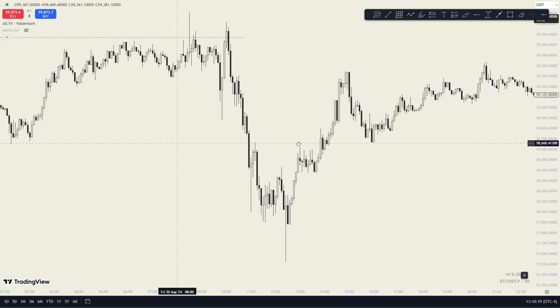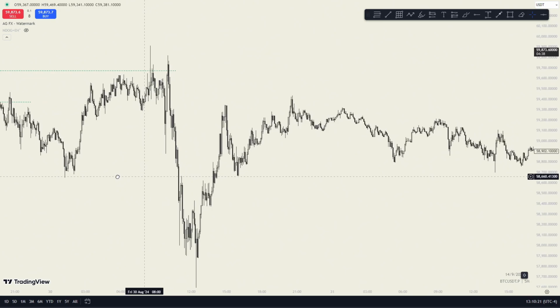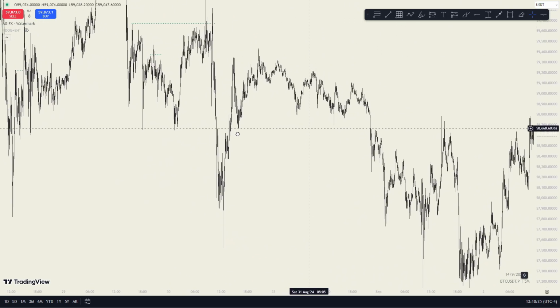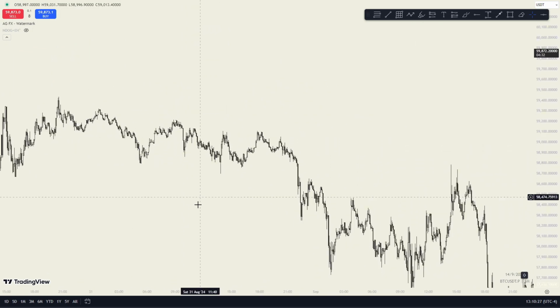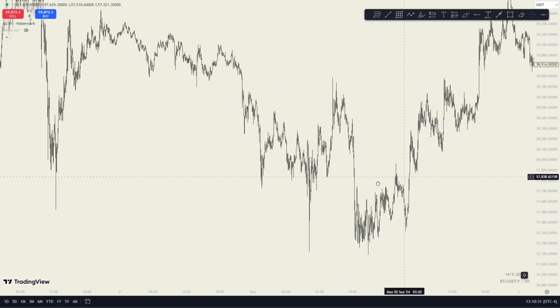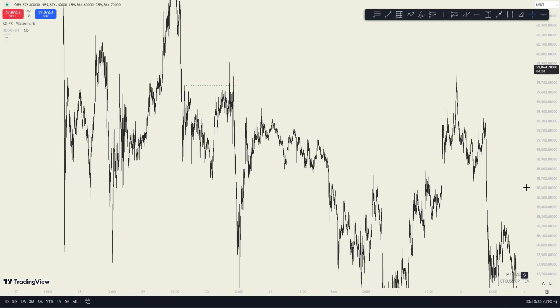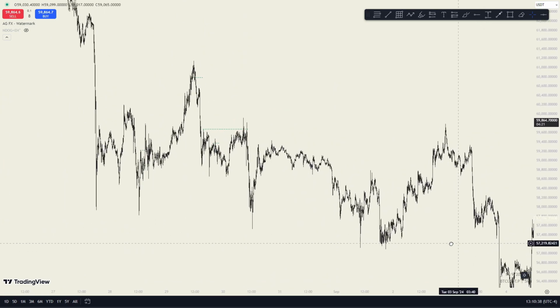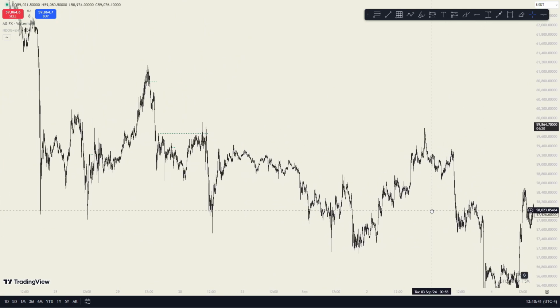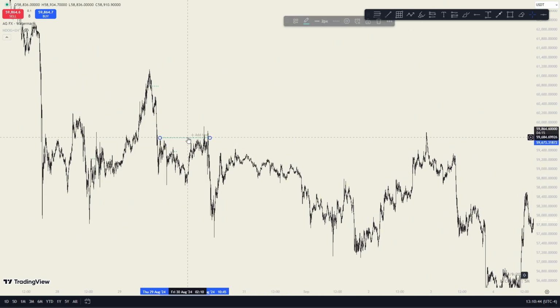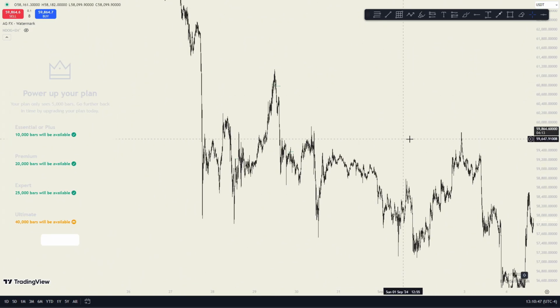Oh, market structure doesn't work. So I think I've shown enough examples. You can see it also happening here and here, but obviously you shouldn't treat it like a pattern, because you also need to align it with the higher time frame. So you can't just look at market structure on only one time frame.